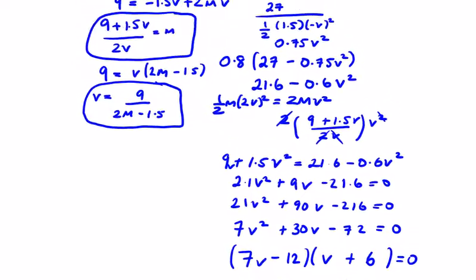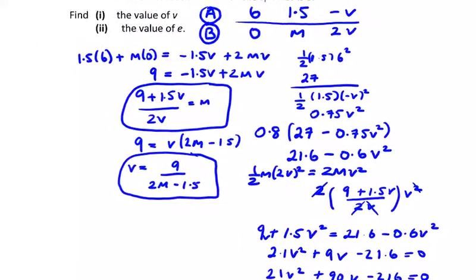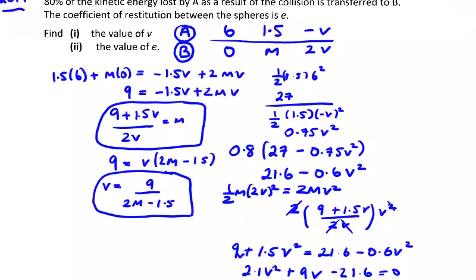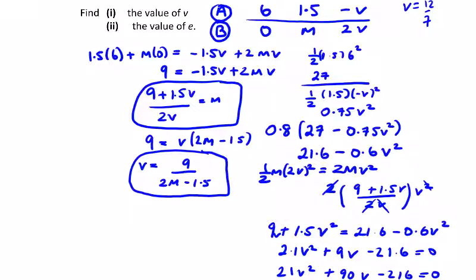I think we're asked to find E as well. So what do we have for velocity? Just 12 over 7. If we apply Newton's experimental law, we get minus v minus 2v over 6 minus 0 equals minus E. So minus 3v equals minus 6E.